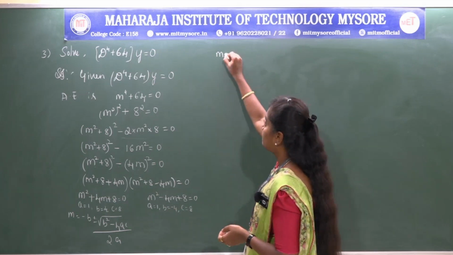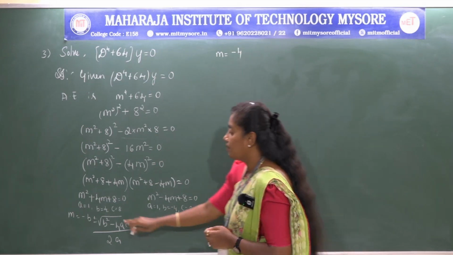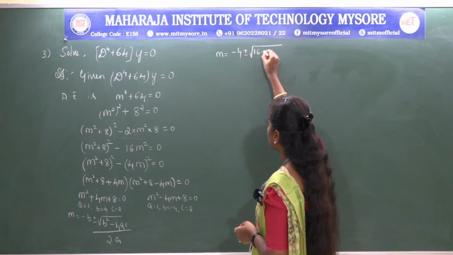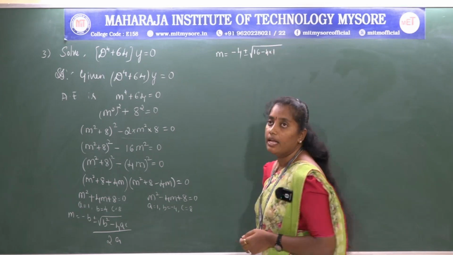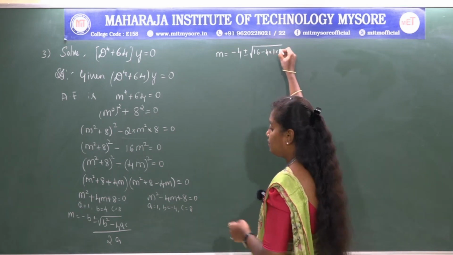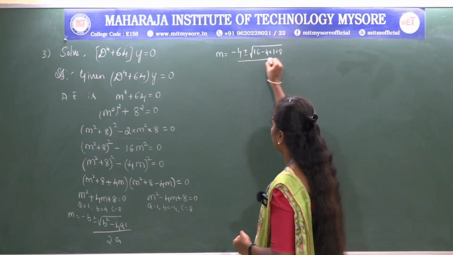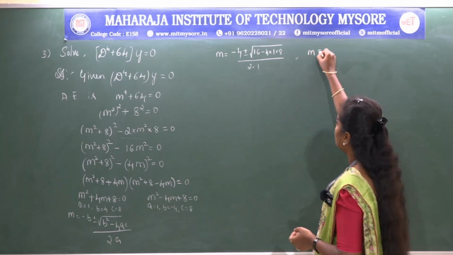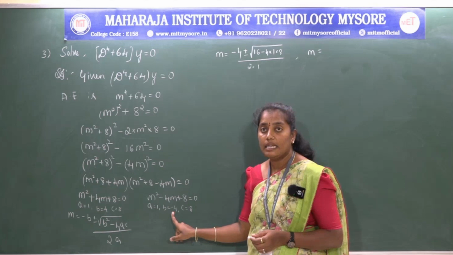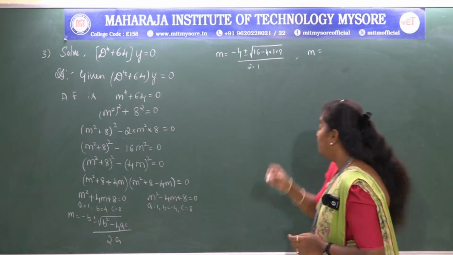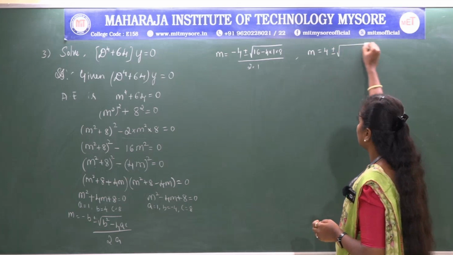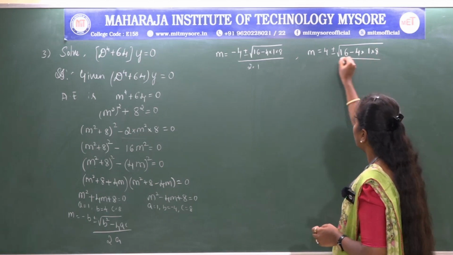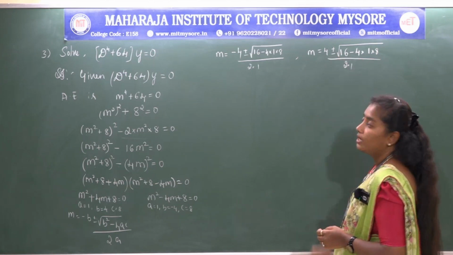Substituting the values in the first equation, m is equal to minus 4 plus or minus square root of 4 square, that is 16, minus 4 into A value 1, 4 into 1 into C value 8, whole divided by 2 times A, 2 times 1. In the second equation, m is equal to, here the value of B is minus 4, minus of minus 4 is plus 4, plus or minus square root of 16 minus 4 into 1 into 8, whole divided by 2 times 1.